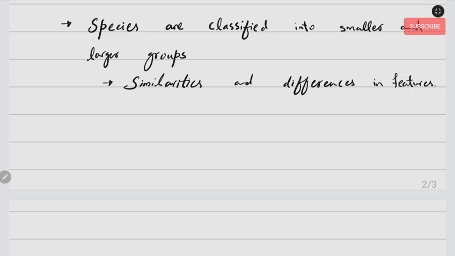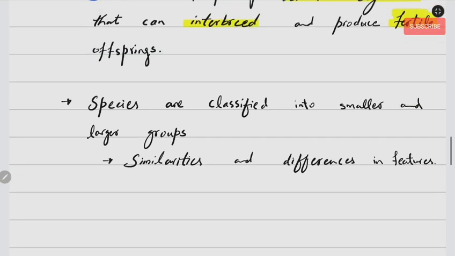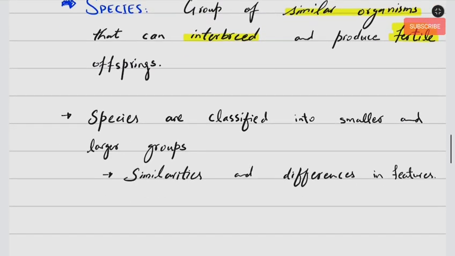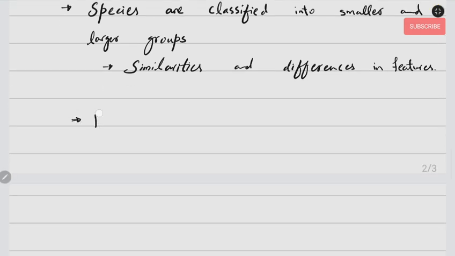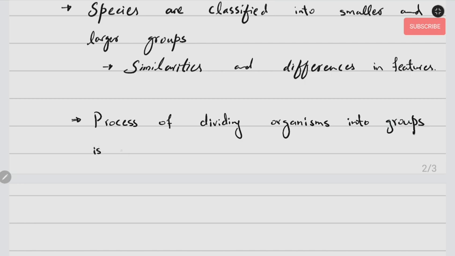So please keep that in mind. That's classification: the process of dividing organisms into groups is called classification. So keep that in mind. Very easy, nothing too difficult.